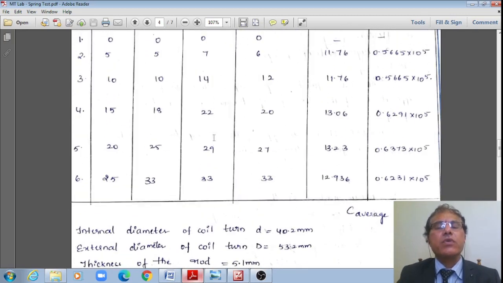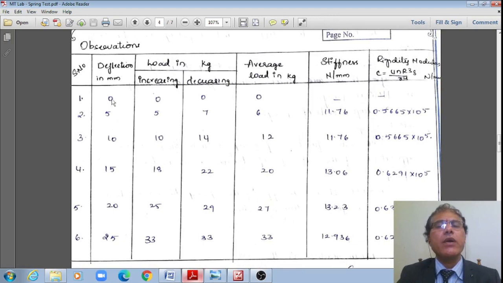While conducting the experiment, I noted these observations. When there is no load, there is no deflection, so no calculation there. However, when we applied 1/5 of an inch, approximately 5 mm, the load observed during loading was 5 kg, whereas during unloading it was 7 kg.